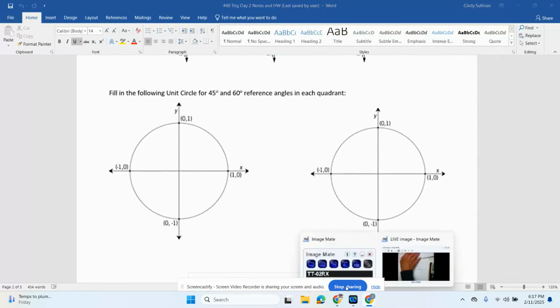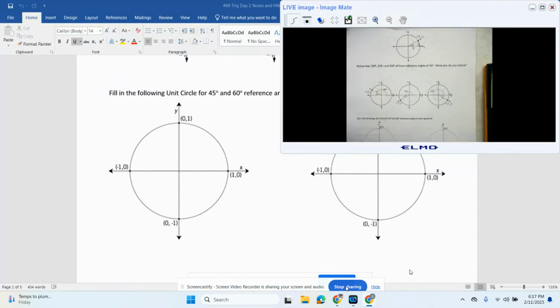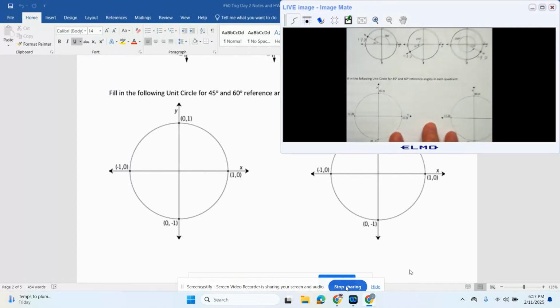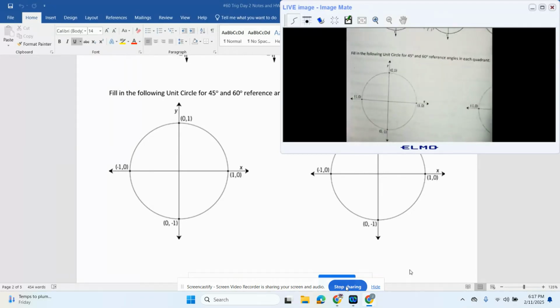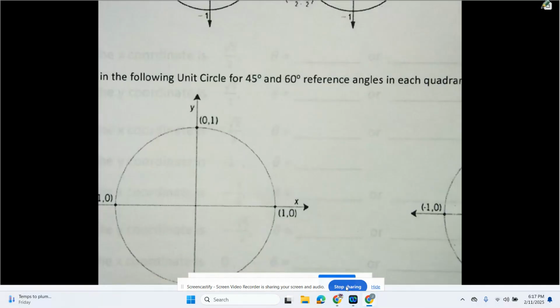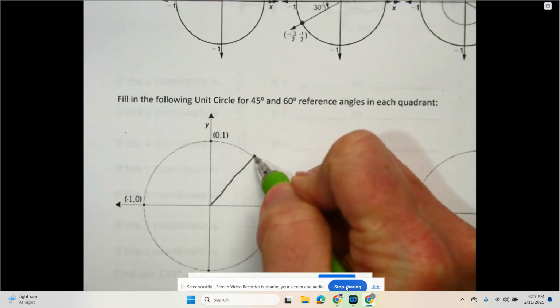So if we look down here, this is what we're going to do. We're right here. So come down here on your paper on the second page, and everybody should be right here. So we're going to look at 45 degrees. So let's go ahead and draw 45 here.